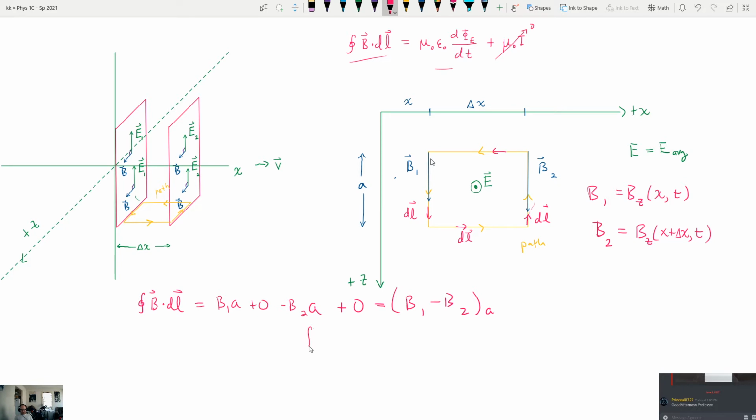So the integral of B dot dl is equal to B1, which is Bz of x and t, just the z component of the magnetic field at coordinate x and time t, minus Bz of x plus delta x, comma t. And all of this is multiplied by A. And that's all we can really do with that one for now.